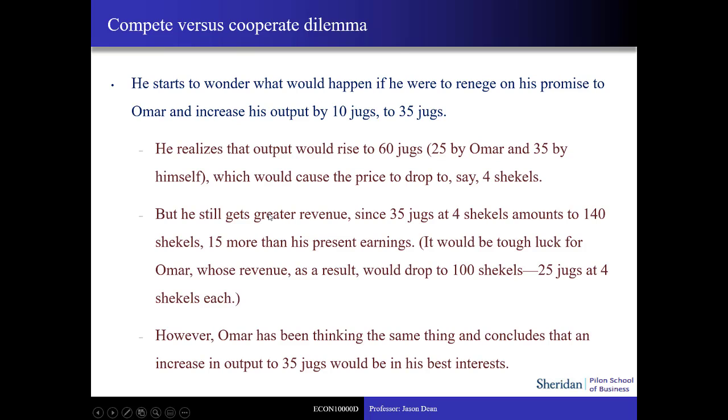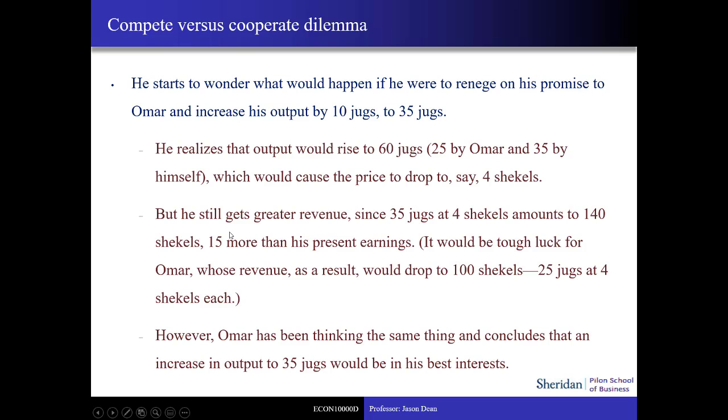So in this case, he would make out better. Amon would get an increase in revenue, since 35 jugs at 4 shekels is better than his 25 at 5. Okay, so he's making a little extra money. Omar, on the other hand, would lose because now he's going to be selling 25 jugs at 4.